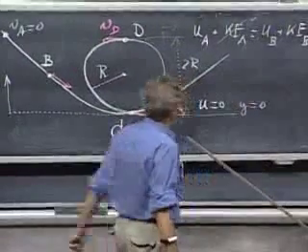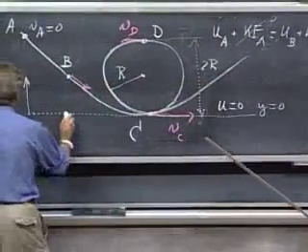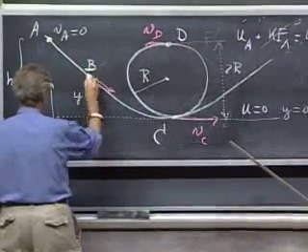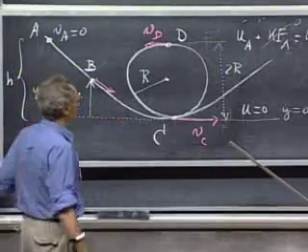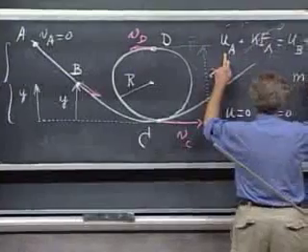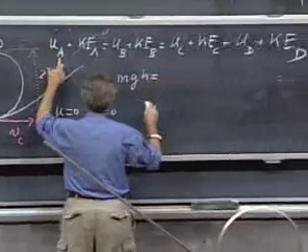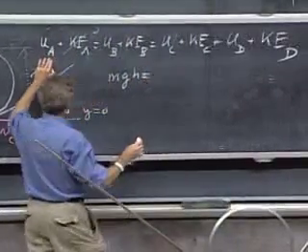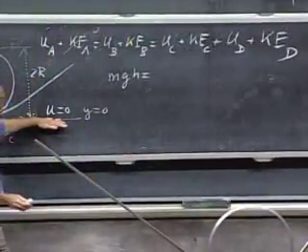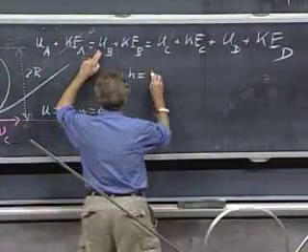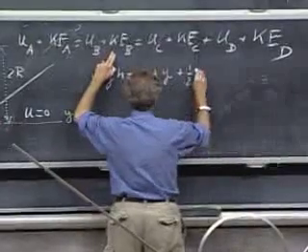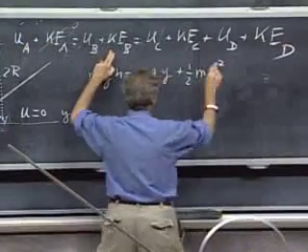And so now I can write this in general terms of y. Say, take this point B, think of that being at a location y above the 0 line. Then I can write down now that UA, which is mgh, that was a given when I started, that was all the energy I had, that was my total mechanical energy. If I call this U0, which is a free choice I have, it equals U of B, which is now mgy plus 1/2 m v squared at that position y.